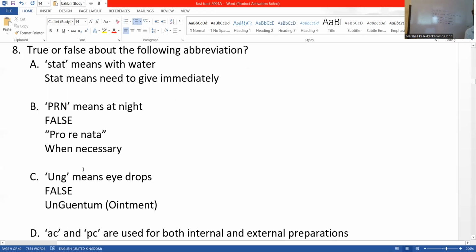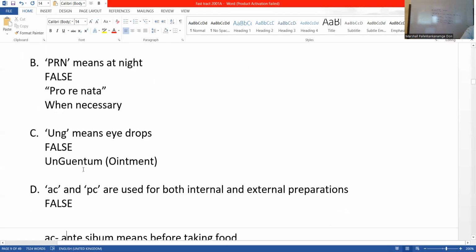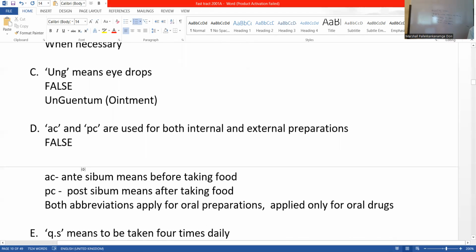Eight. True or false about the following abbreviations. A, STAT means immediately. Give immediately. B, PRN means when necessary. C, unguentum means ointment, not eye drops.